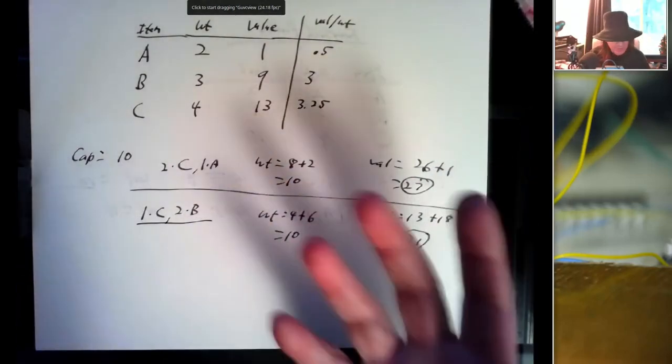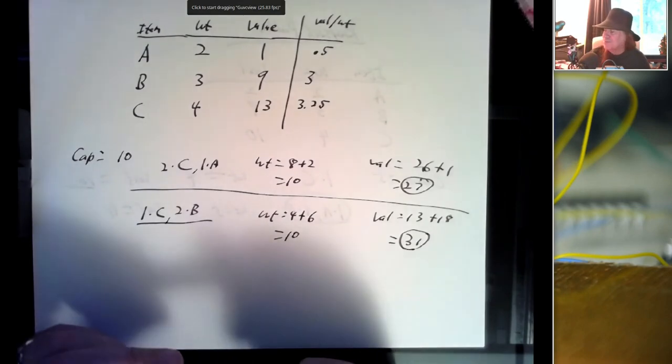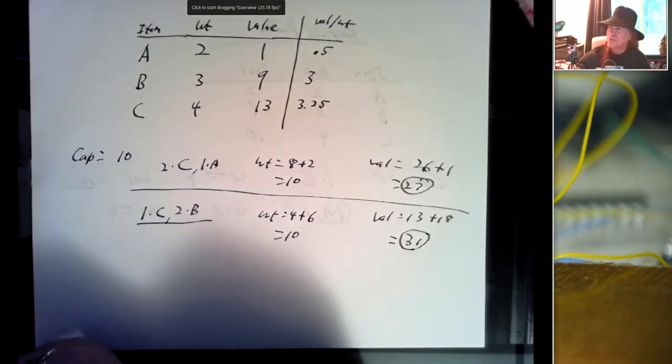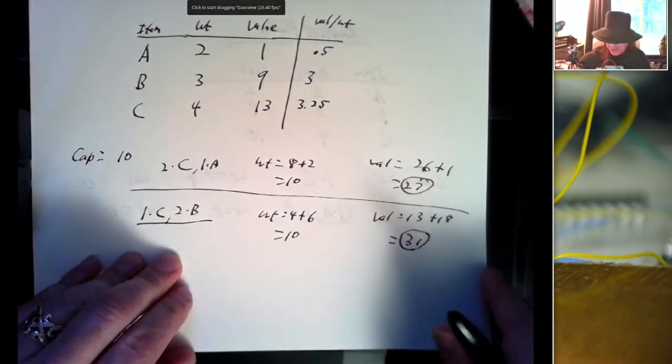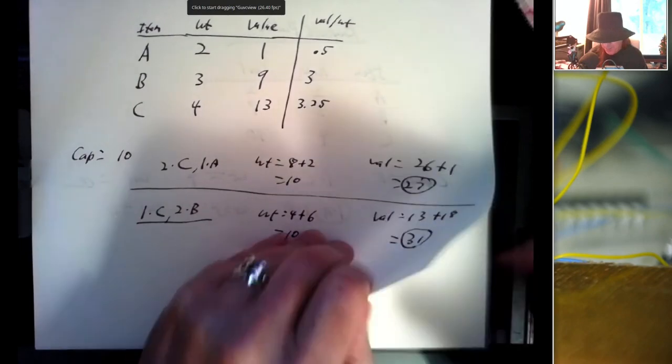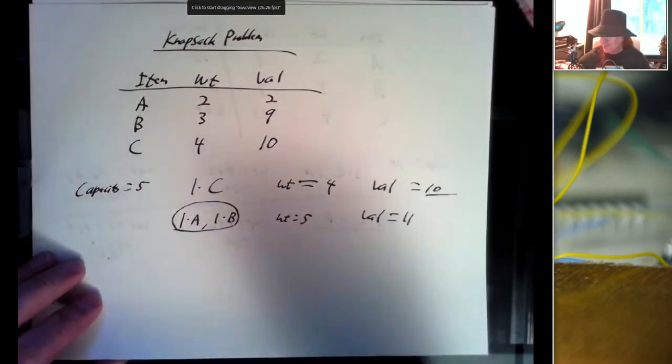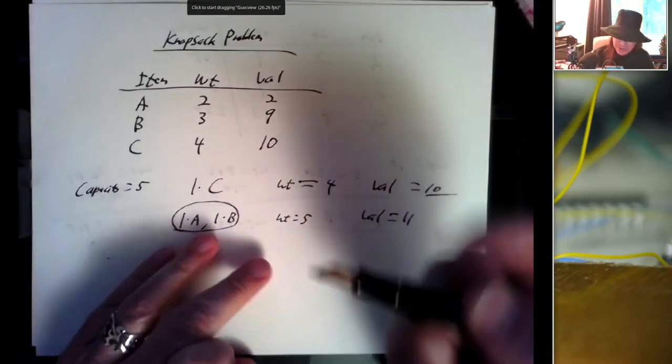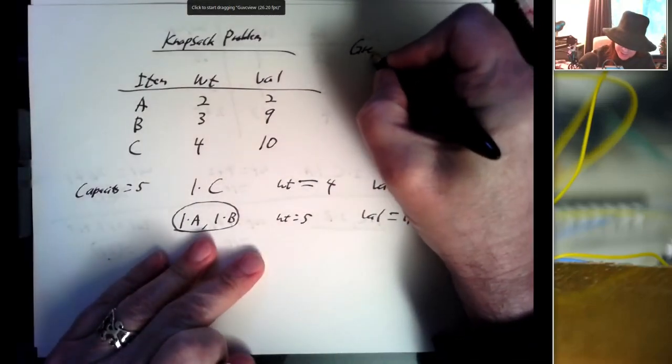So if we can solve a problem by just trying to find the most optimal solution at each decision point, for example, if we can just say, let's take the most valuable item per pound, or let's just take the most valuable item, period, right? An algorithm where that works is called a greedy algorithm.